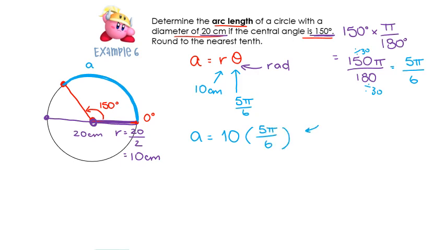We're just going to type the right side into our calculator with brackets around the 5 pi over 6, and that would result in a decimal of 26.1799 and so on. But we want to round to the nearest tenth. So if I round this to one decimal place, it's going to be an arc length of 26.2, and our radius and diameter are measured in centimeters, so our arc length is also going to be measured in centimeters.